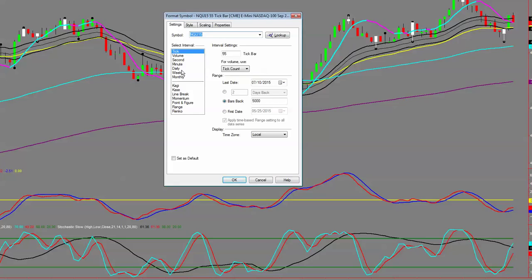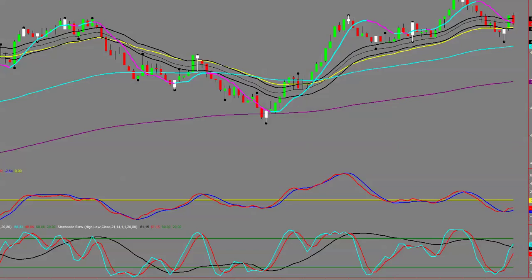You have numerous options: line breaks, point and figure, range, Renko, tick, volume, and you can adjust all of these. What you can see here, I've got it set to a 55 tick, 5,000 candles back, and during the day this is what I trade. I use the tick chart where the volume is much lower.